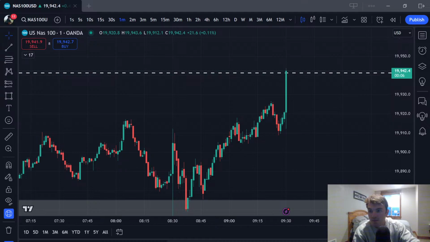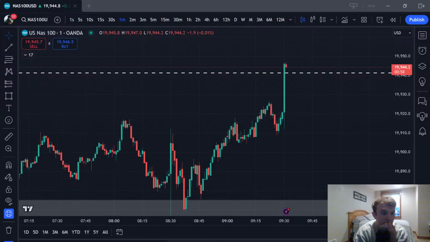But I'm more or less not looking for shorts right now. I'm kind of expecting there to be a long setup. So we're not going to force a short. We're going to just try and figure out what we see and trade off of that.